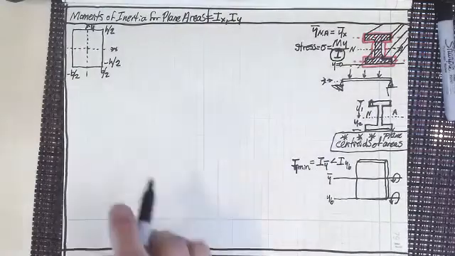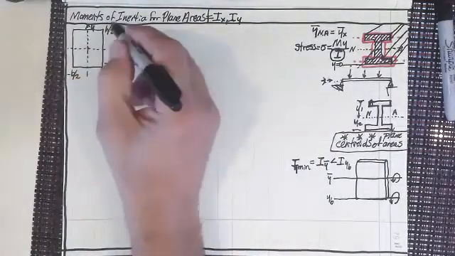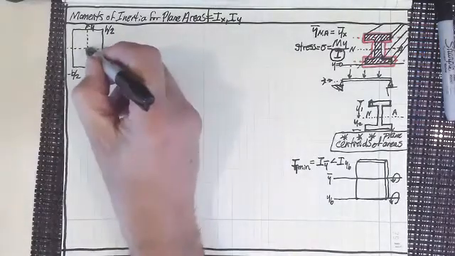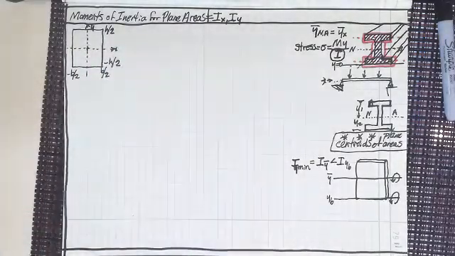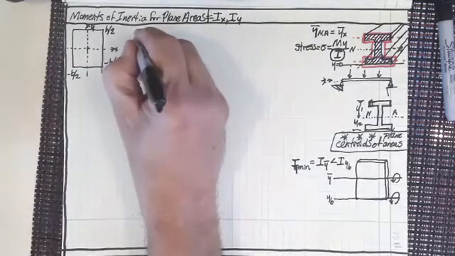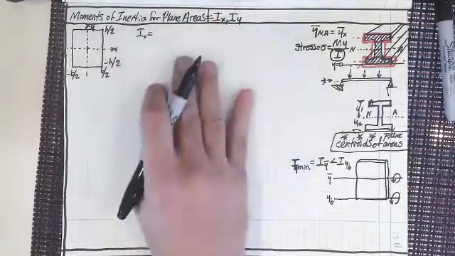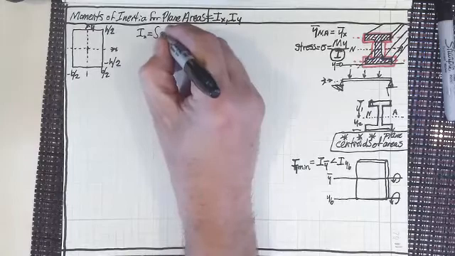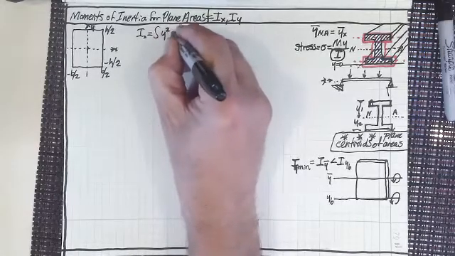Does everybody see that? Because this is 0, 0 right in the center here. I'm using that because I know that the centroid is right in the middle, so I'm using that as the center of my Cartesian coordinate system too. Let's look at the definition of moment of inertia. So I sub x, the moment of inertia around the x-axis, is going to be the integral of y squared dA.